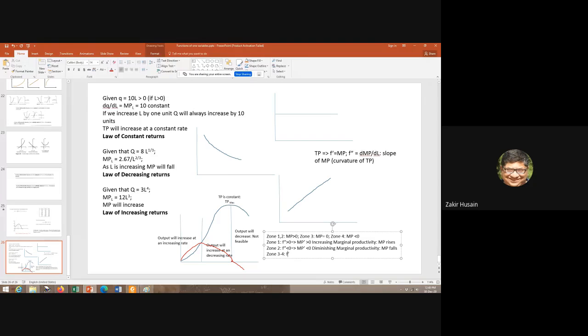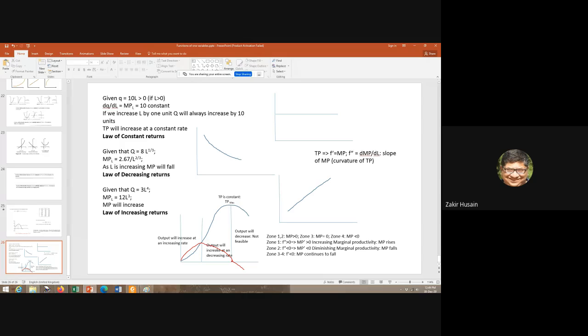F double prime. It is still convex, right? So MP will still continue to fall. Okay, so after rising, it falls.